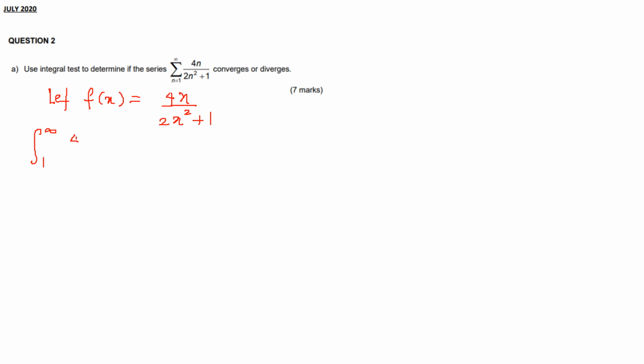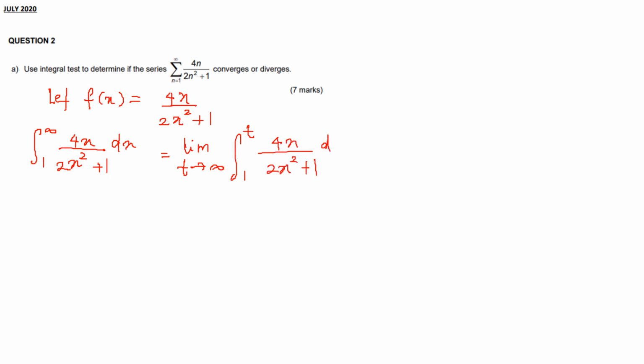Copy back your function, and don't forget to put the limit: limit t approaching infinity from 1 until t, 4x over 2x squared plus 1 dx.